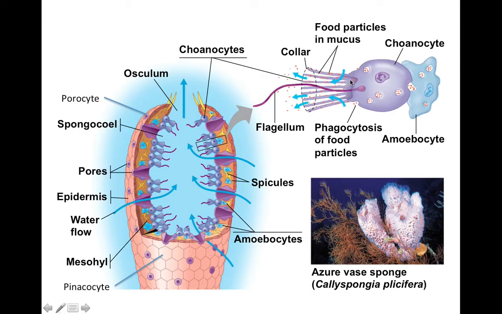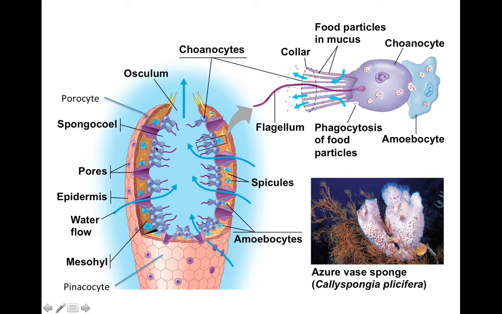And then once they get trapped in the mucus, they can be brought into the cell through vacuoles, and those vacuoles can be transferred to other types of cells, like for example these amoebocytes, that can move those nutritional resources where they're needed in the organism. So here we can see some choanocytes that are lining the inner cavity, or the spongiocele of this particular sponge, which is an asconoid type sponge.